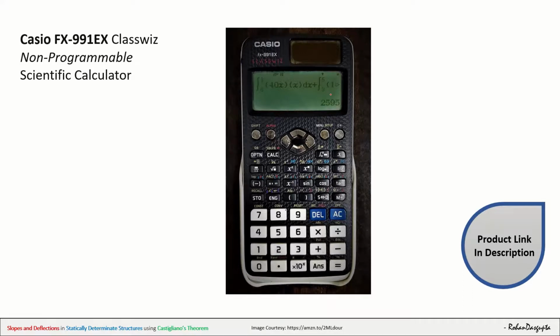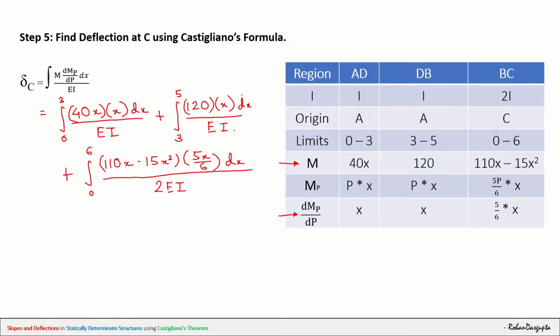Now, coming back to this problem, you see the answer is already available to us, that is plus 2595. So I will write the answer as 2595, and let's not forget divided by EI. In some problems the value of EI may be given. Here it is not given, so we will keep it as it is. So the value of theta c is equal to 2595 divided by EI.